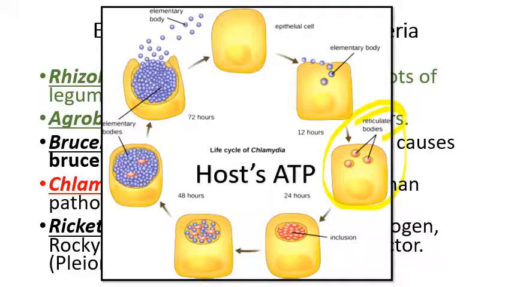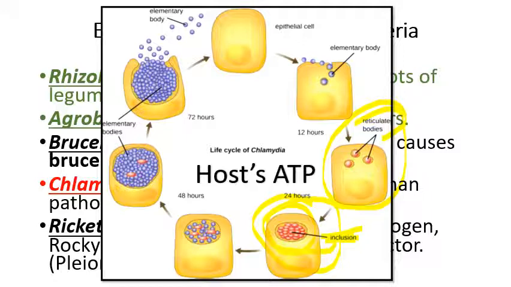Reticulate bodies, right? You end up having enough of them that the infected cells produce something called an inclusion. Inclusion, or commonly known as inclusion bodies, means things that you find inside the cell.